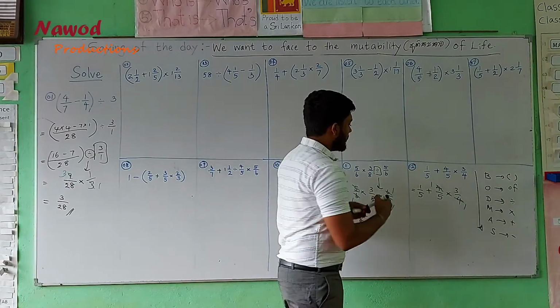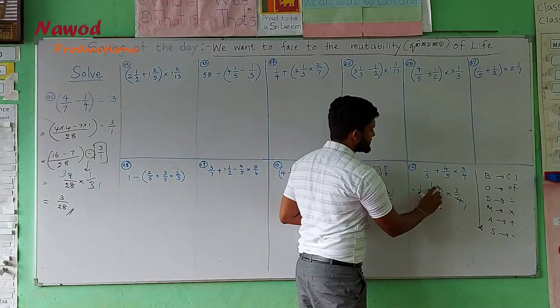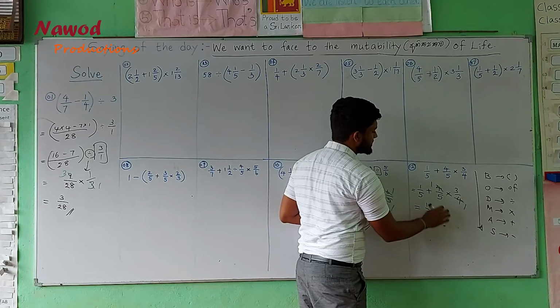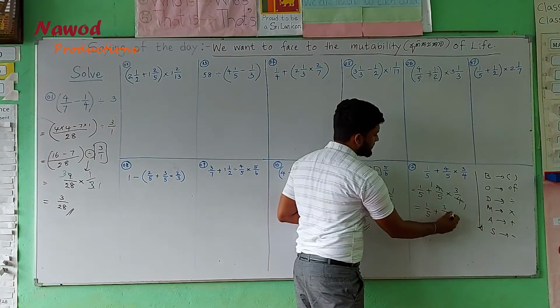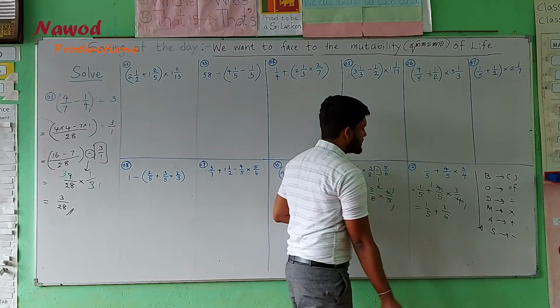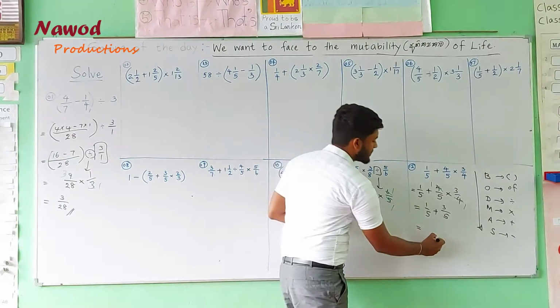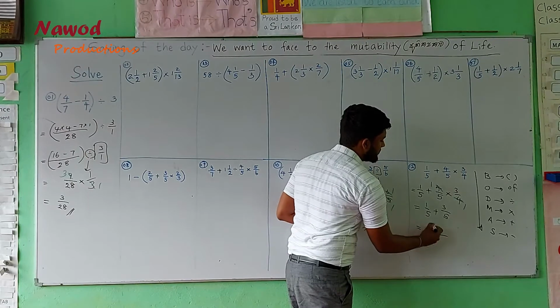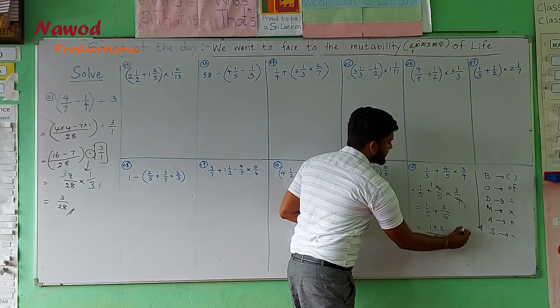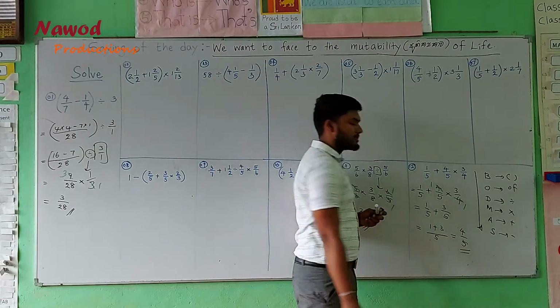Then you can get 1 over 5 plus 1 into 3, 3, 5 into 1, 5. Then the common denominator is 5. Then you can obtain 1 plus 3, 4 over 5 as the answer.